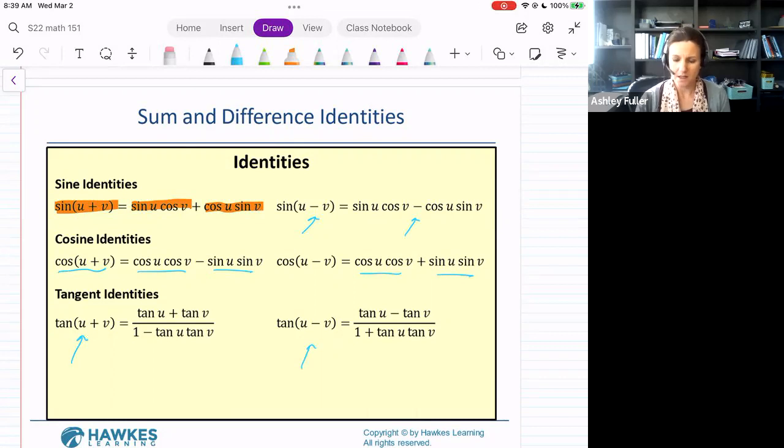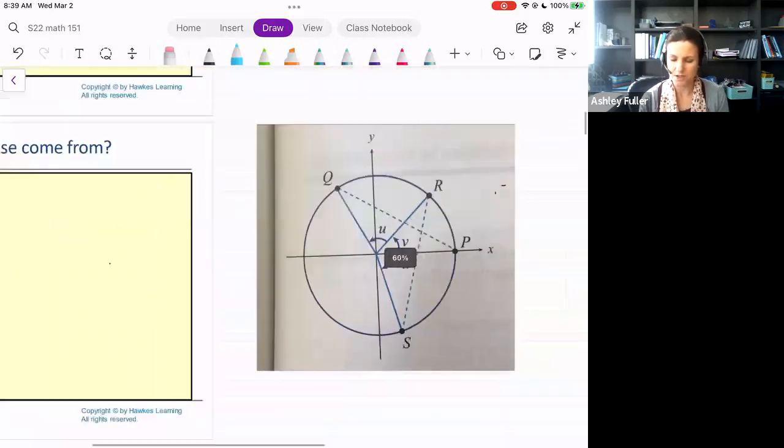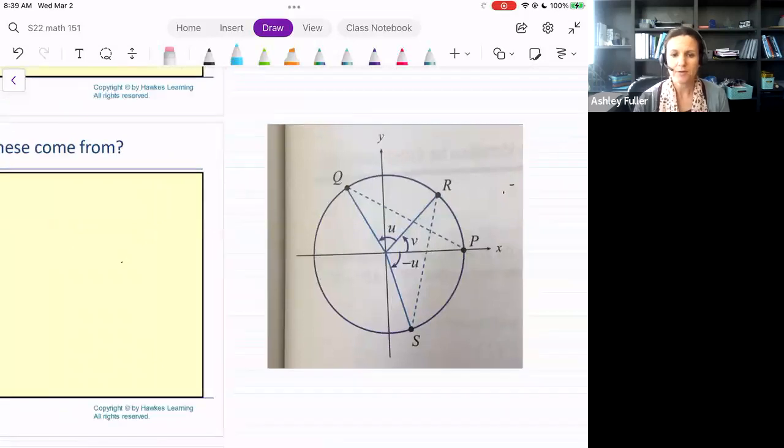So where do these come from? Well, let's consider the unit circle here. We can see that we're looking at the angle u, and then the angle v, and then the angle u, and this distance becomes u plus v, which, remember, is that idea of the sum of angles.